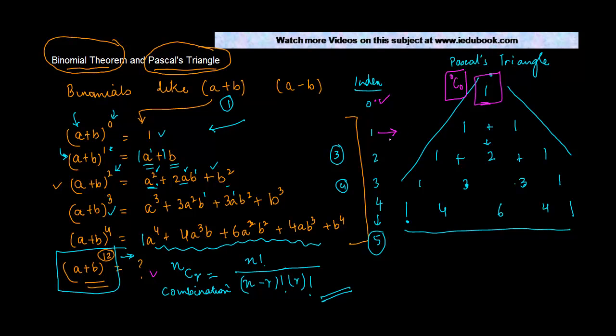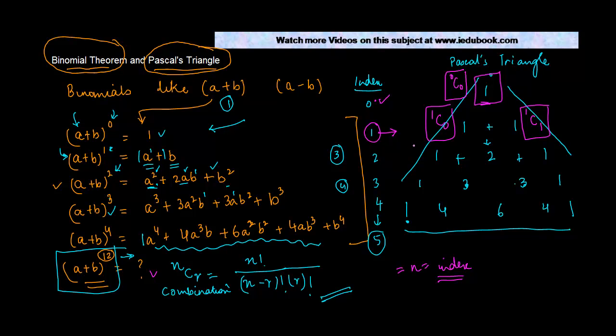Similarly, if you move on with the index 1, basically the index given here is equal to n. n is equal to the index. So again you have 1 here. So 1 can be written as 1C0, and this can also be written as 1C1.